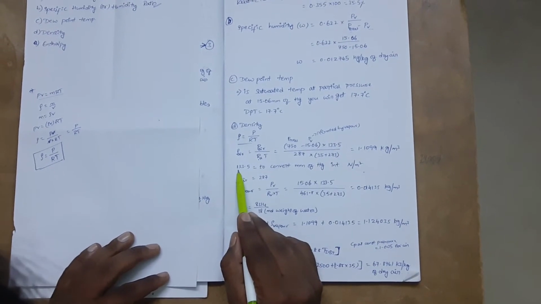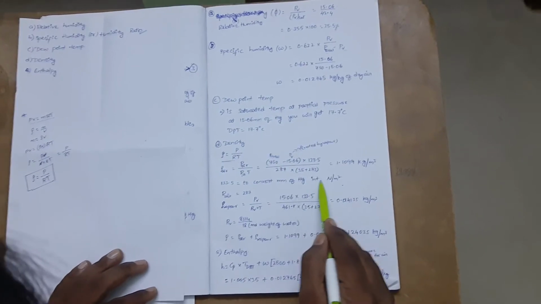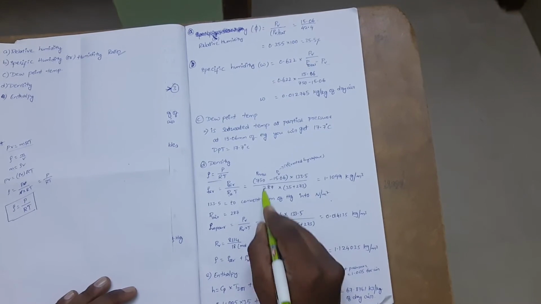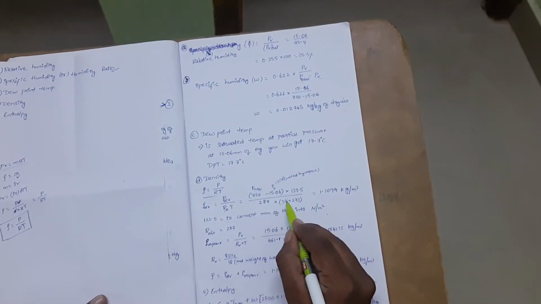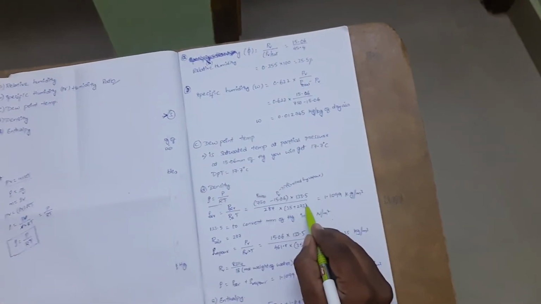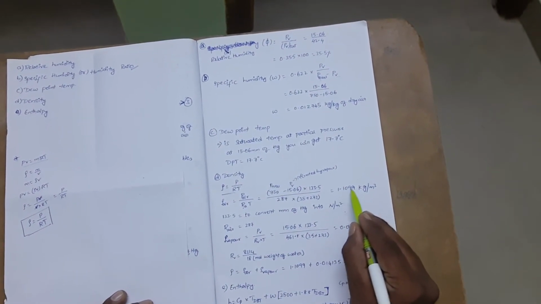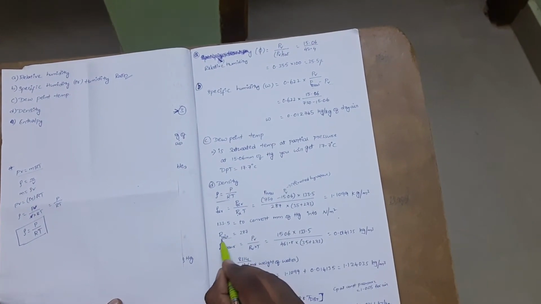This 133.5 is used to convert mm of Hg into Newton per meter square, by R value. R value is 287 into 35 plus 273. You will get 1.1099 kg per meter cube. This is for air.